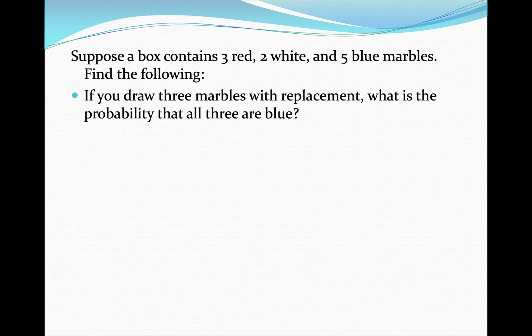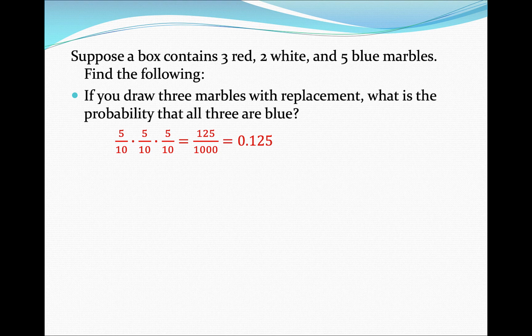So the multiplication rule says we take 5 over 10, the probability for the first marble, times 5 over 10, the probability for the second marble, times 5 over 10, the probability for the third marble being blue, and that will give us the total probability. This is how the multiplication rule works. You look at the probability for each operation, and if you multiply those together, it gives you the probability that they all occur.